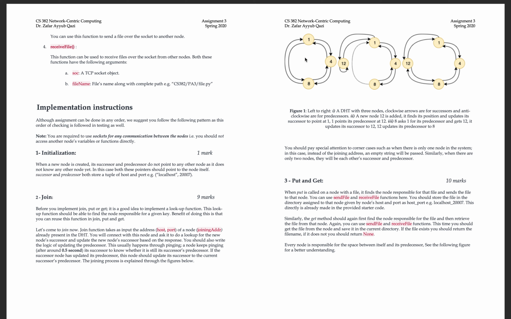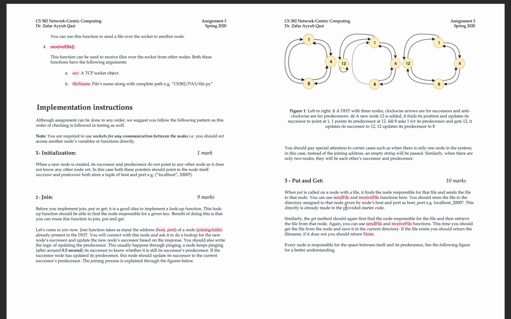So 1 will calculate its hash first, and then it will find its appropriate place using the lookup function, which I've recommended you implement before you get into join, put and get. So that node would look up that file's successor and then transfer that file to that particular node. You can use the send file and receive file functions here.